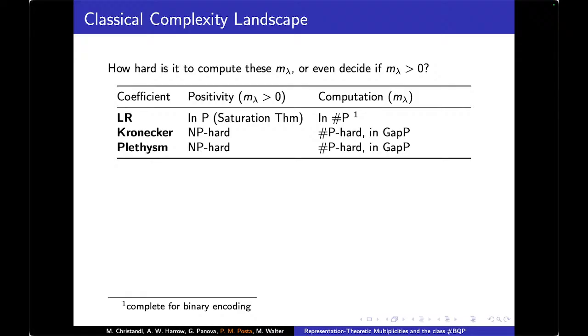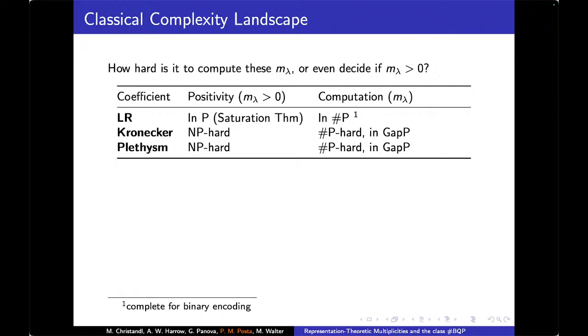While for the Kronecker and plethysm coefficients, the positivity problem is already NP hard. So this is very interesting, because you may think that since the Littlewood-Richardson and the Kronecker coefficients are defined in a very similar way, and you just change the group to something that is also very close to the original one, right?